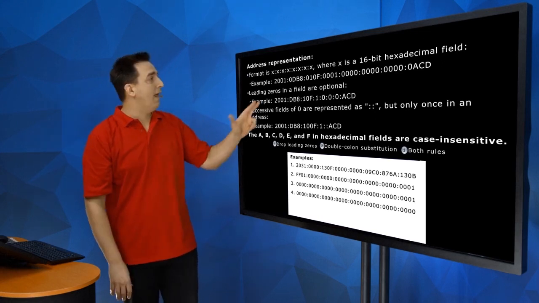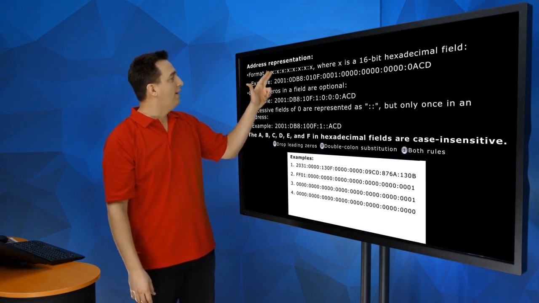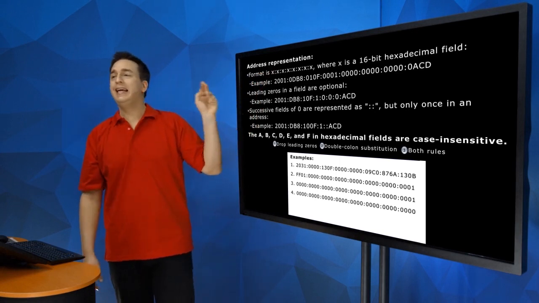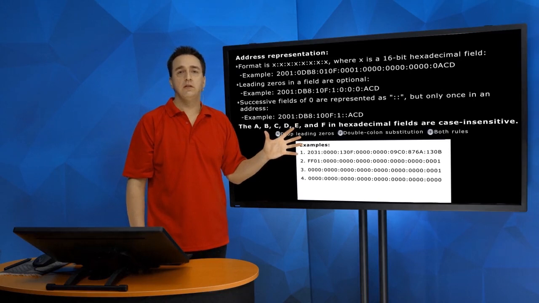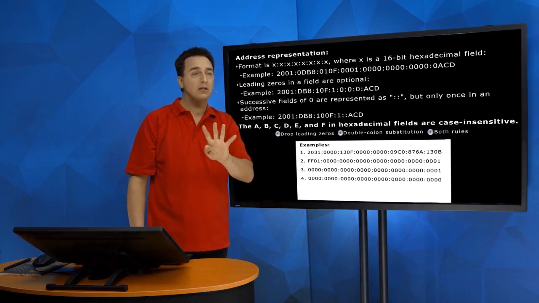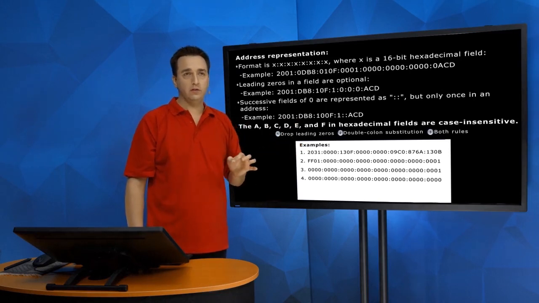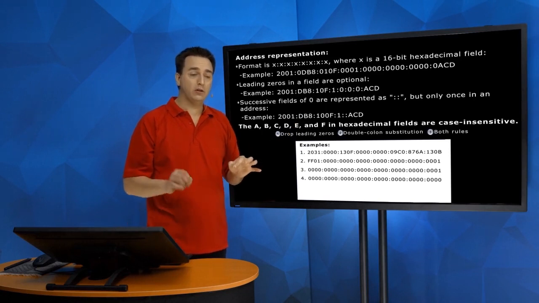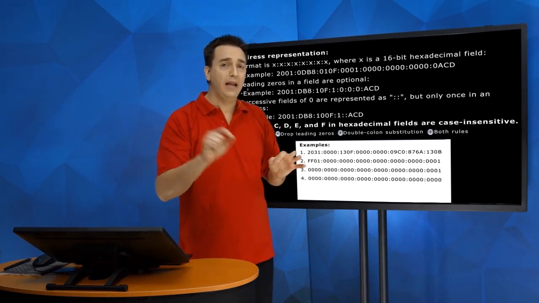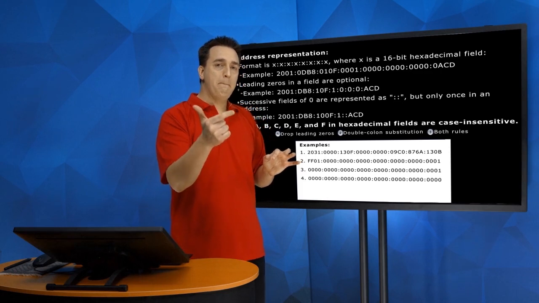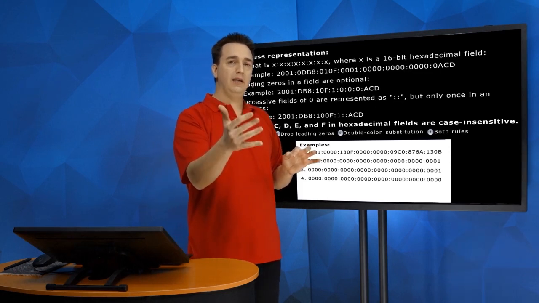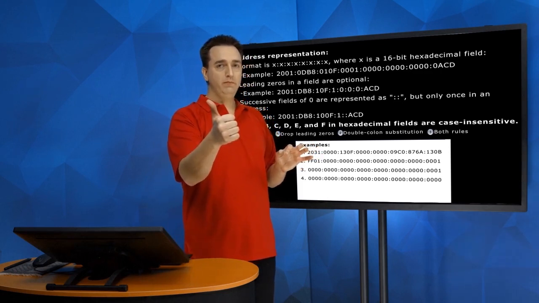So we'll have up to 4 hexadecimal characters in each of those fields. Hexadecimal characters go from 0 to 9, and then A, B, C, D, E, and F.